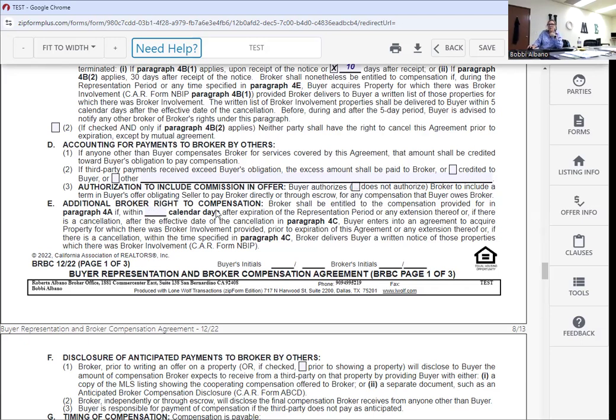All right, additional broker right to compensation. Broker shall be entitled to compensation provided for in paragraph 4A if within, and then you can put the calendar days, after expiration of the representation period or any extension thereof, if there is a cancellation after the effective date of the cancellation in paragraph 4C, buyer enters into an agreement to acquire property for which there was broker involvement, provided prior to the expiration of this agreement or any extension thereof, or if there is a cancellation within the time specified in paragraph 4C, broker delivers buyer a written notice of those properties which there was broker involvement.